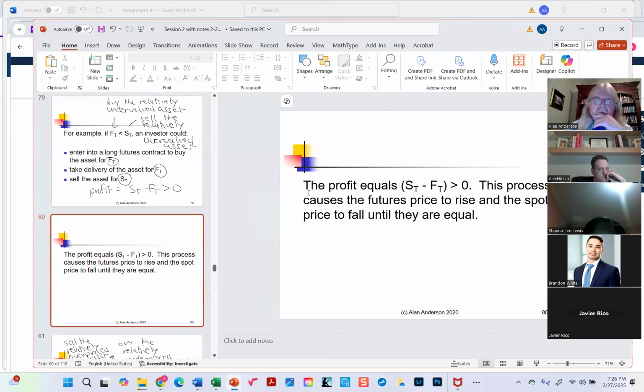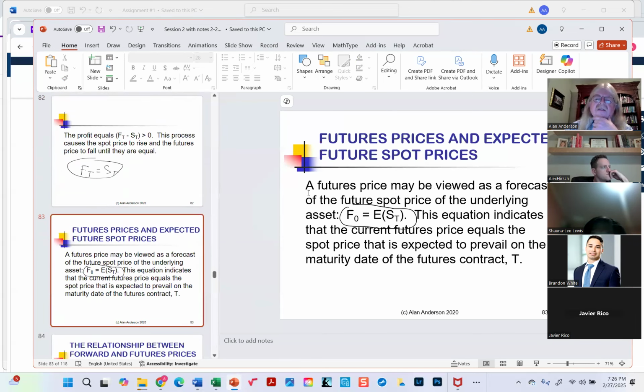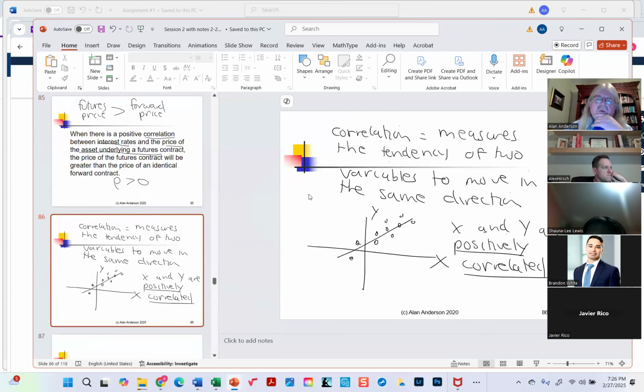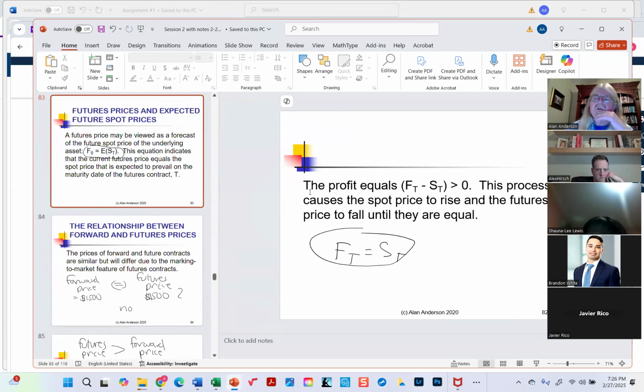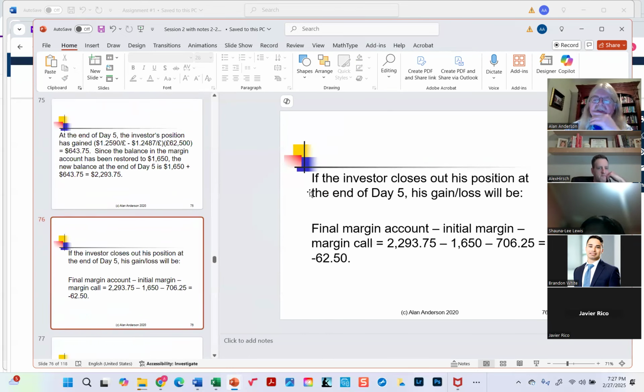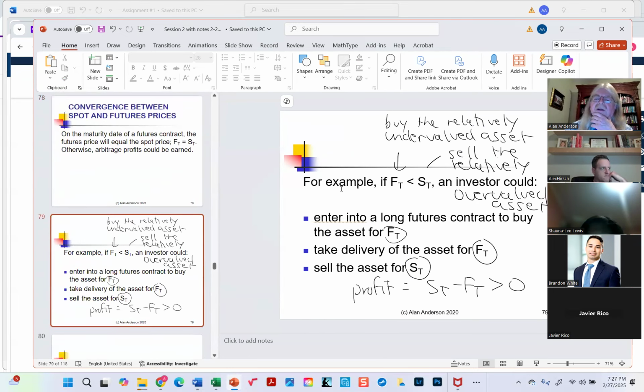Now, what's coming up next is a discussion about a very important concept that we'll see over and over again with our discussion about futures, and that's called arbitrage. All right, let me just briefly introduce this topic before we carry on.